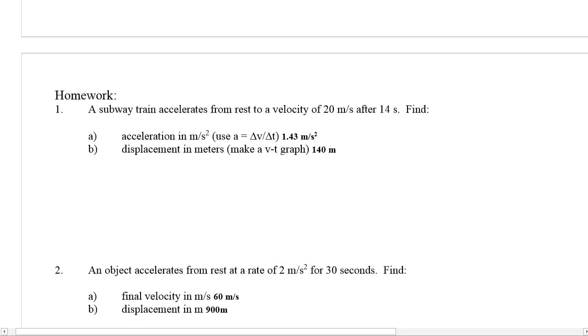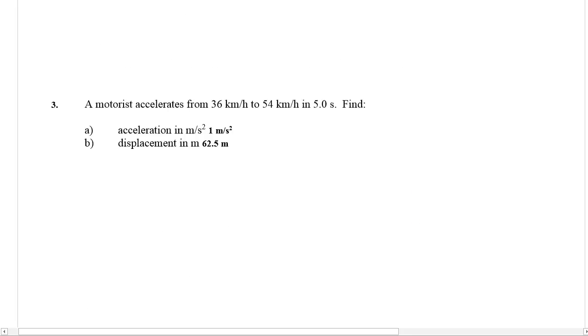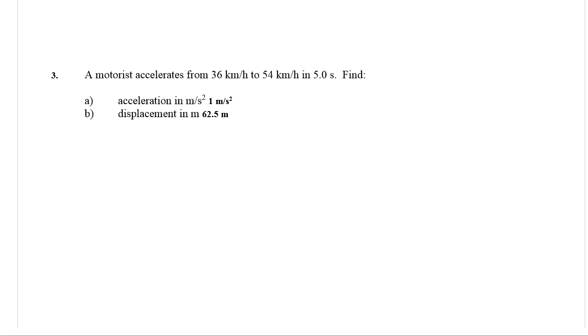So looking over the sheet, in bold are the answers for each question. Let me give you a hint, let's look at number 3 for a second here. For question number 3, it's given in kilometers per hour. And you'll notice that the answers are in meters per second squared and in meters. So step 1 would be convert this.